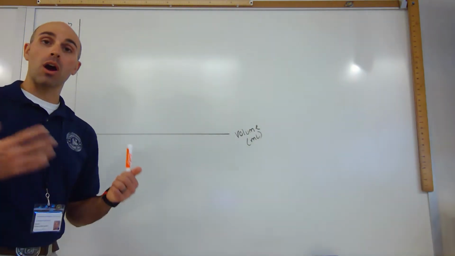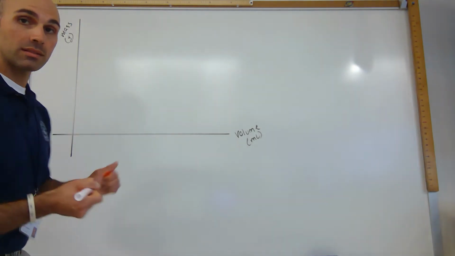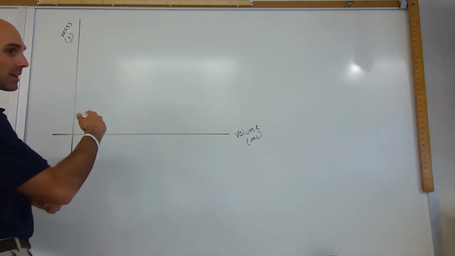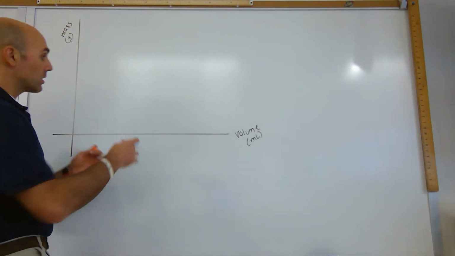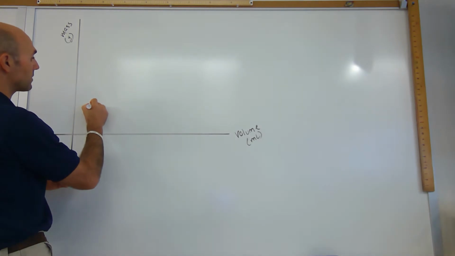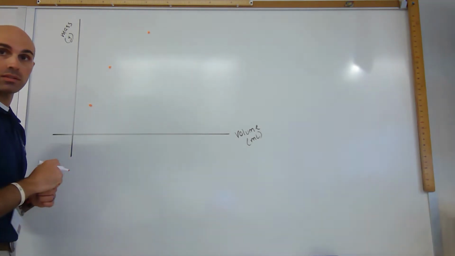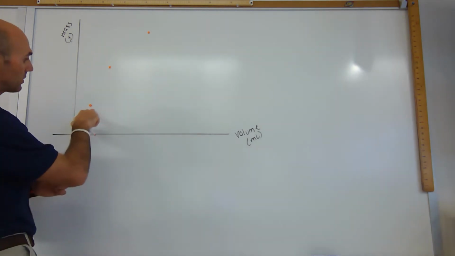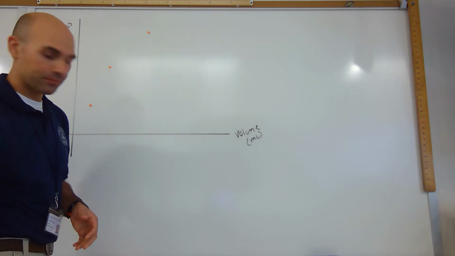So I'm just going to make up some arbitrary data points, and we'll go from there. So let's say you did 3 unknown metals. In the first metal, you're graphing the mass and the volume, and you may get something that looks like this. See those 3 dots? 1, 2, 3. Remember, we only took 3 data points.